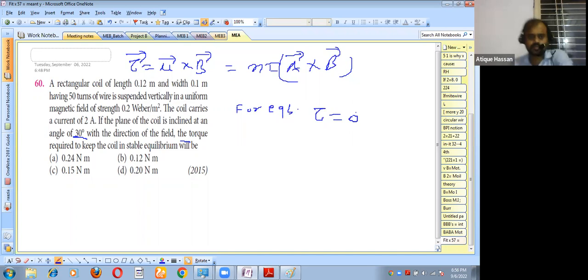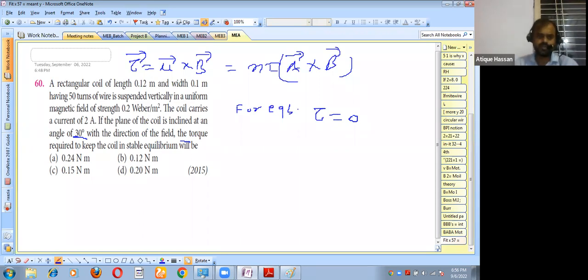So there is a coil. The coil carries a current.